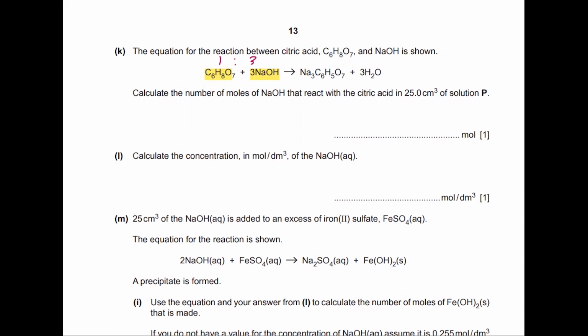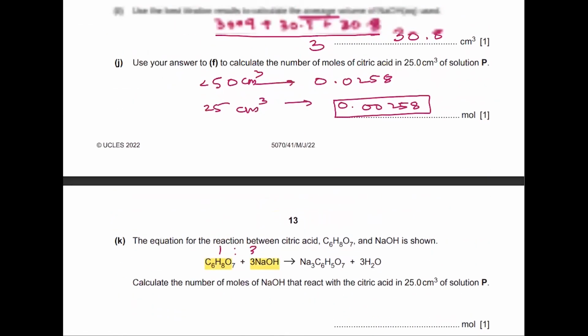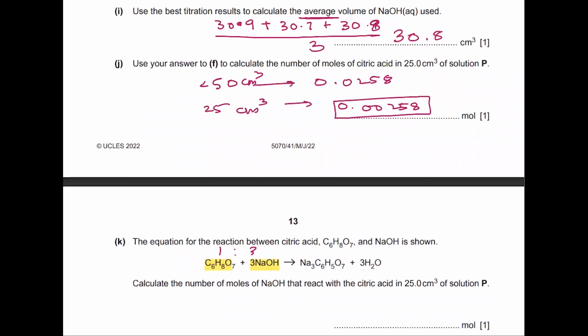So what we will do is, whatever moles of citric acid you are using, you will have 3 times that many moles of NaOH. So how many moles of citric acid do we have? These are the moles of citric acid, basically 0.00258.